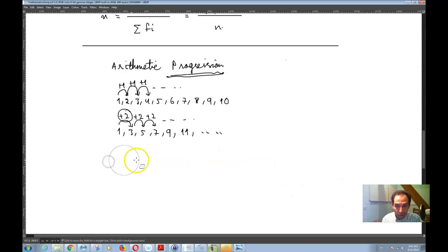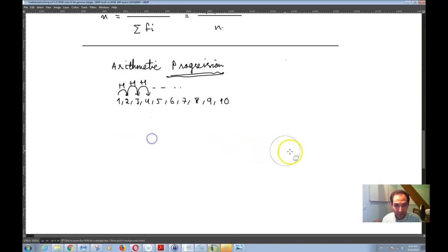Now, I don't want to get into much detail of these, but if you want to add these numbers together, 1, 2, 3, 4, 5, 6, 7, 8, 9, 10, there is a formula for the arithmetic progressions, and you call it S of n, which is the sum of the n terms of an arithmetic progression.